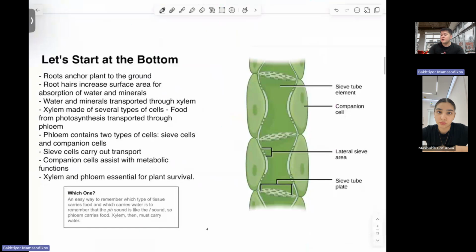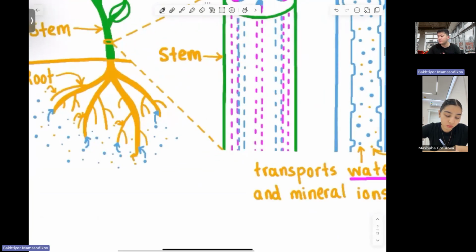So you know the roots, right? The roots anchor the plant into the soil like a foundation holding a building. They have tiny extensions on the root. Can you see those tiny, small extensions? Those extensions are called root hairs. Root hairs increase the surface area. The more surface area you have, the more water you can absorb.